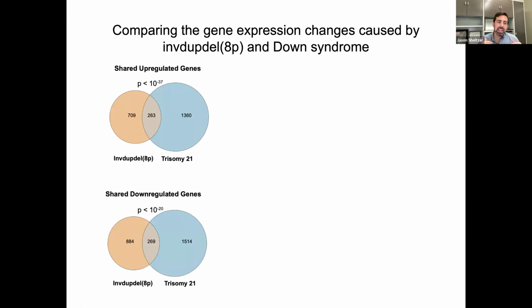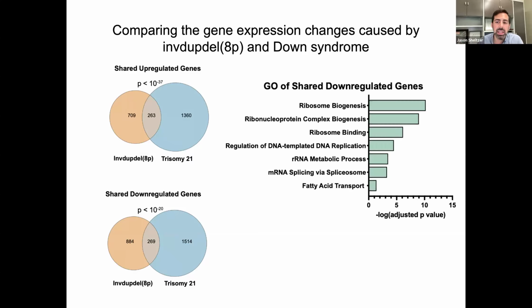That is, in induced pluripotent stem cells derived from an 8p hero, and in induced pluripotent stem cells derived from an individual with Down syndrome, we saw highly significant changes in gene expression that are common between the two. And there were a number of fundamental biological processes that were similarly perturbed in both individuals.